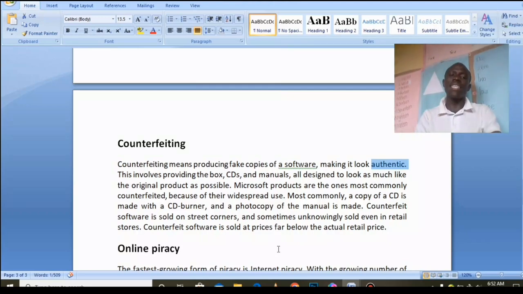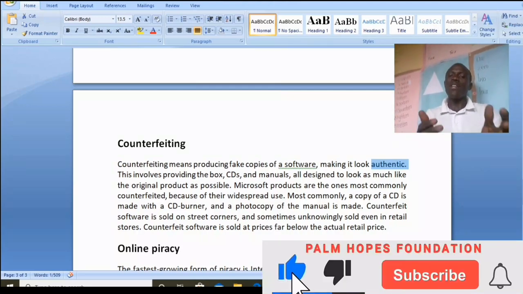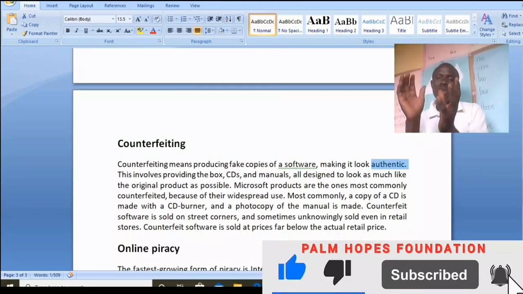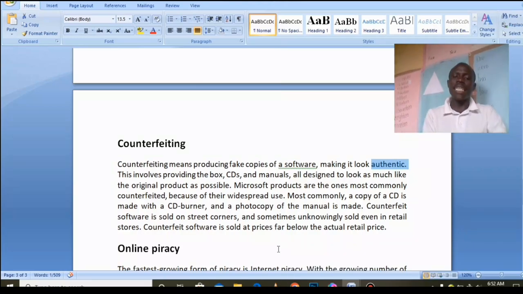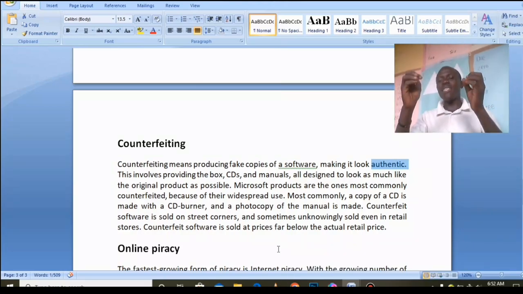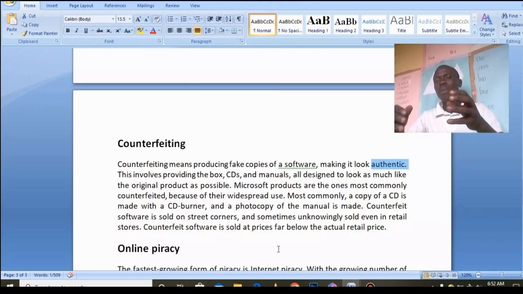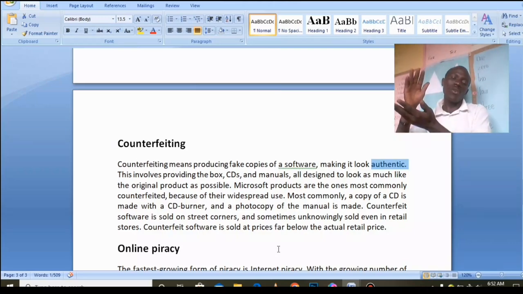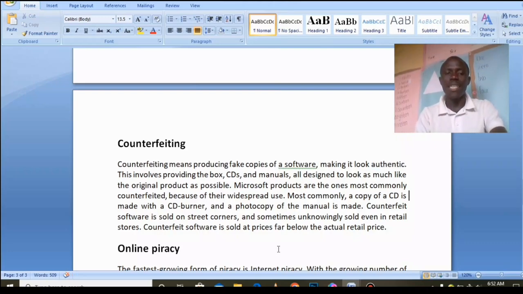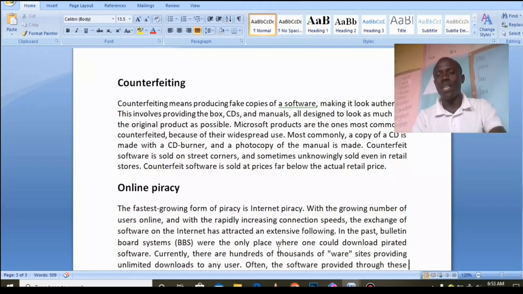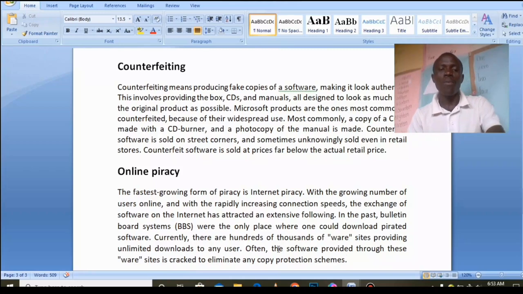That is what they're saying, that counterfeiting is doing something that is trying to resemble the original. So prices are far below the actual retail price, meaning that these fake products are normally sold at a cheap price compared to the original prices. So that is what they are trying to tell us in counterfeiting as a form of digital software piracy.